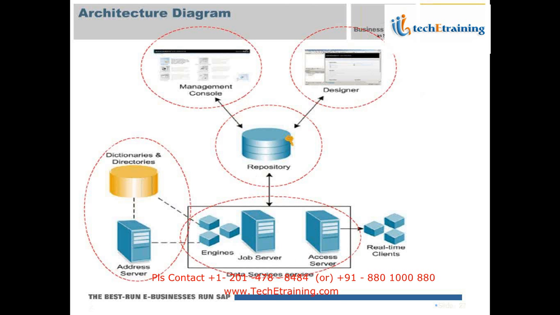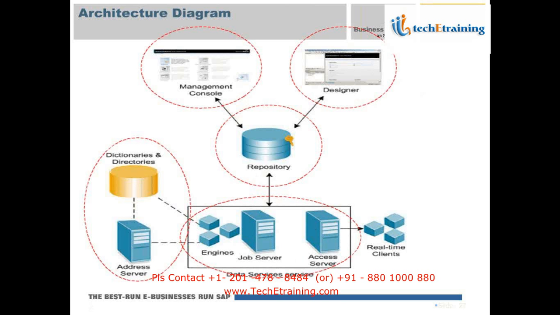You also can look at the statistics of your jobs in the form of a graph. We've talked about data lineage and impact analysis; you can look at those reports here in the management console. Your RFC connection, your background job runs, your web services, all of that will be enabled in the management console only.